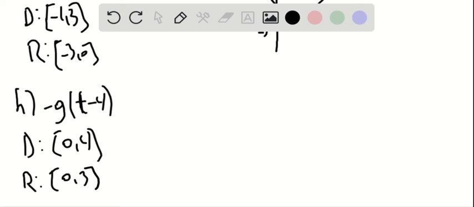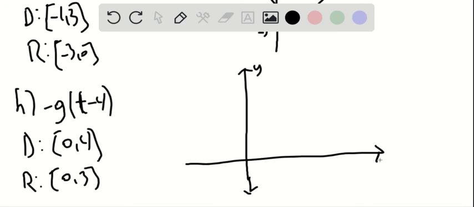Well, we have a t minus 4. That's going to shift us 4 units to the right, opposite sign there, a horizontal shift 4 units to the right. And then this negative sign outside of the function reflects us about the t-axis. So here is our y-axis, here is our t-axis.